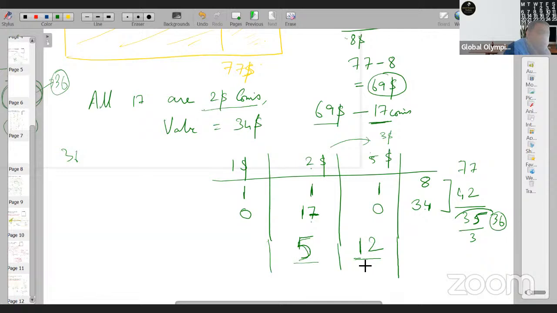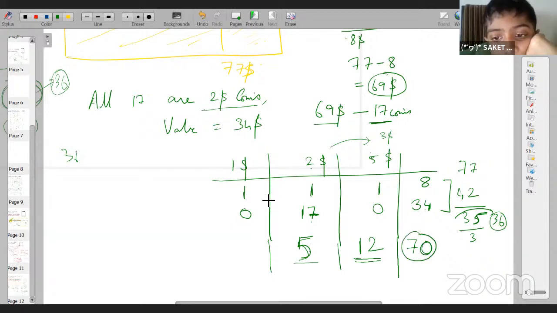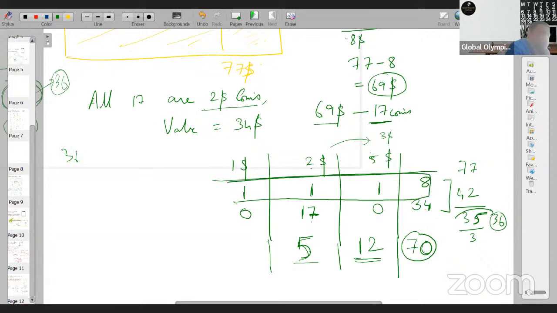So this is 10, and this is 60. So this is giving me a total of 70. And we can see that this is fixed, this is not changed, this one changed to this. Now 70 plus 8 is 78, correct?